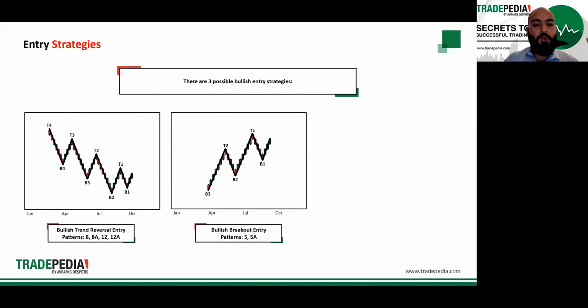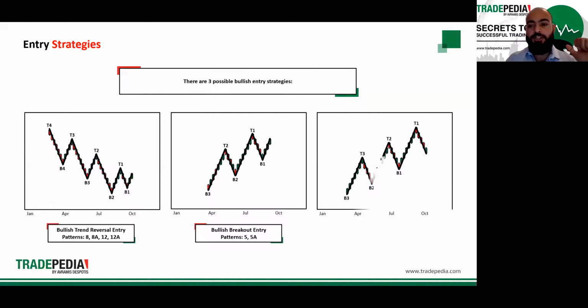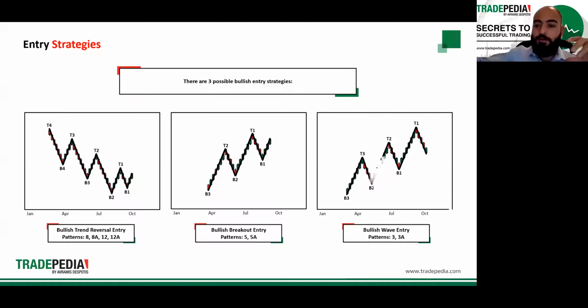This is the bullish breakout entry. And then the third entry strategy, the best entry strategy, is called the bullish wave entry. So we have an uptrend, the market is going up, price is correcting, and then gives me the opportunity to trade with the direction of the trend, of course.